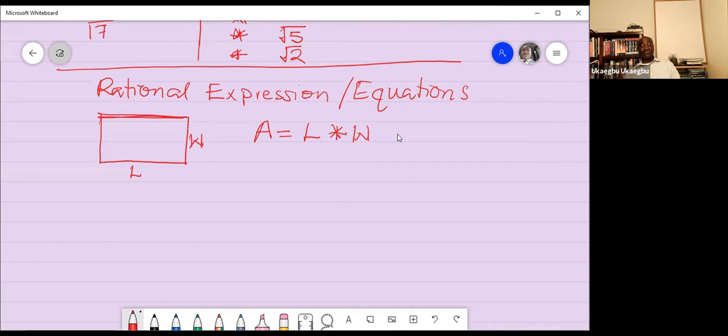By the way, write your solution down. Solve for W. So, given area equal to length times W, solve for W. 20 seconds.